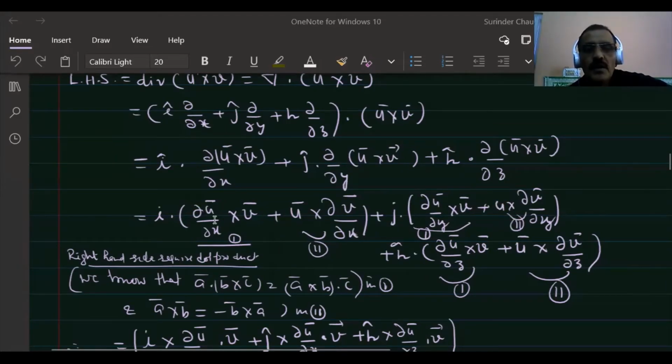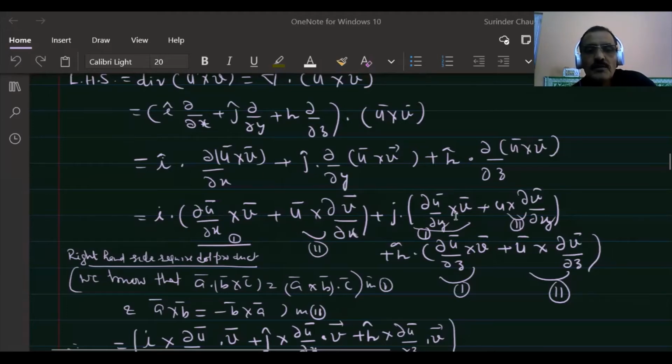Now we have to keep in mind that dot and cross are simple multiplications while combining like terms. So here we have to use very wisely the scalar triple product of three vectors. Now in the first three terms, this u cross this v vector.